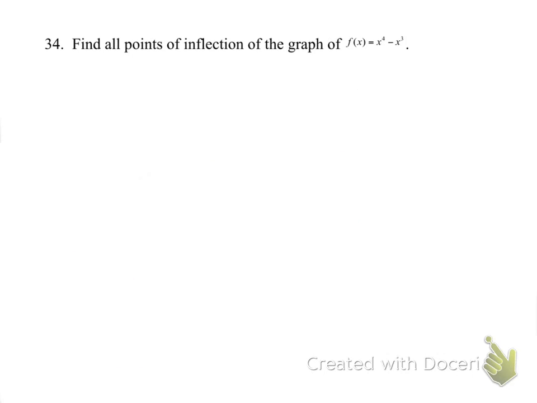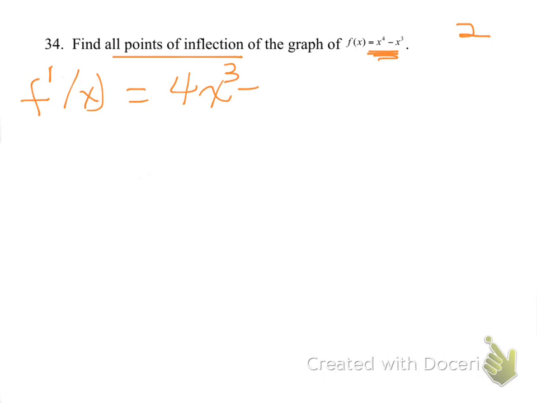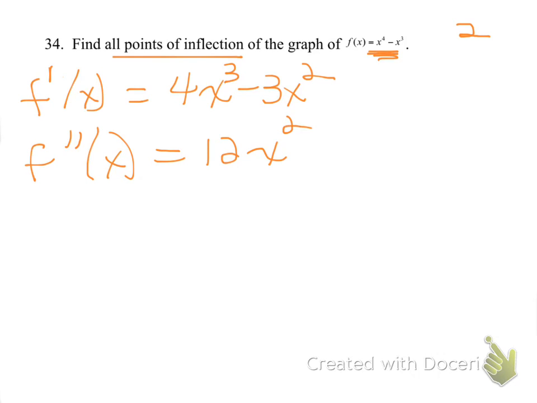In question 34, they ask us to find all points of inflection, and I see I have a quartic, so I'm thinking I'm going to have 2 points of inflection. So let's check that out by taking the first derivative, and the first derivative is going to be 4x cubed minus 3x squared. Take your second derivative, and that should get you 12x squared minus 6x.